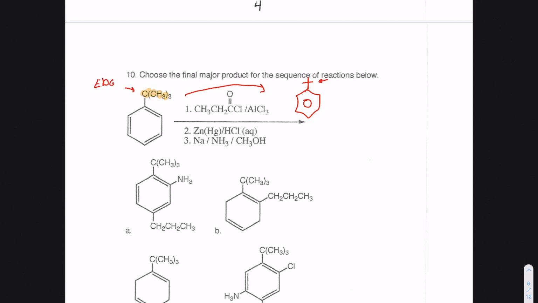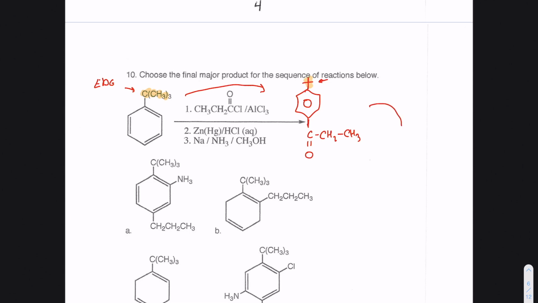And remember, if we have an electron donating group, it wants to add substitution to the para or ortho position. But in this case, this is a really bulky group. So the major product would be attacking the para position. So it'll be right here. And OCH2CH3.